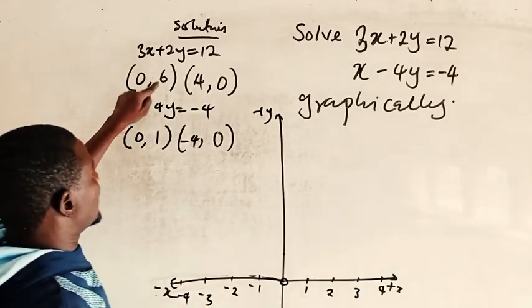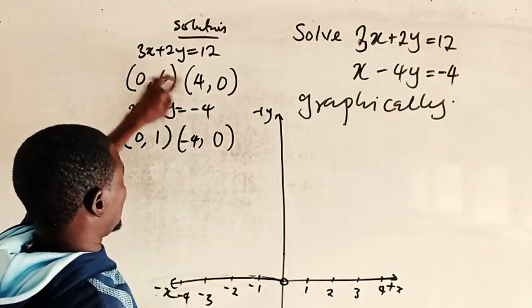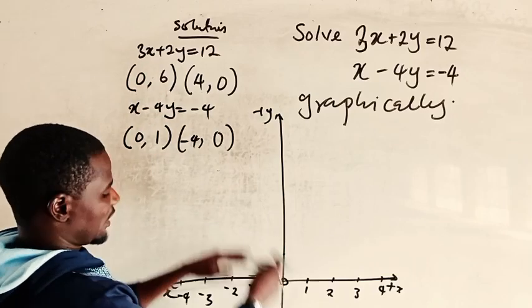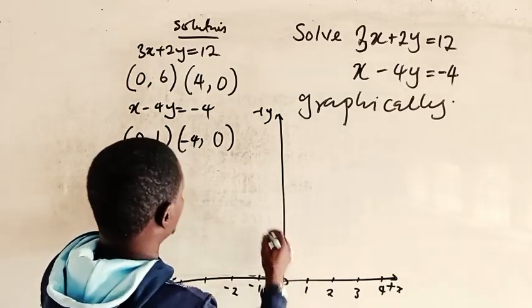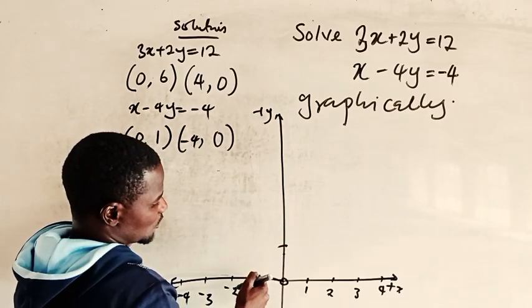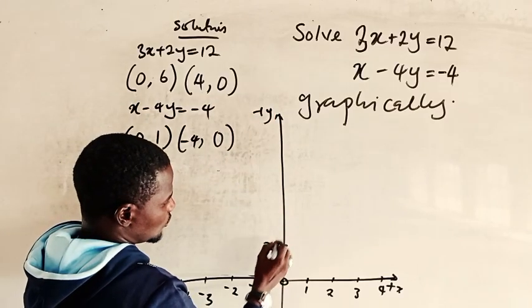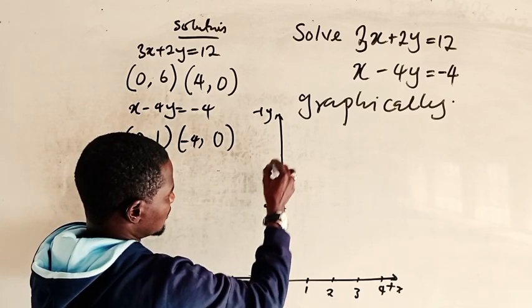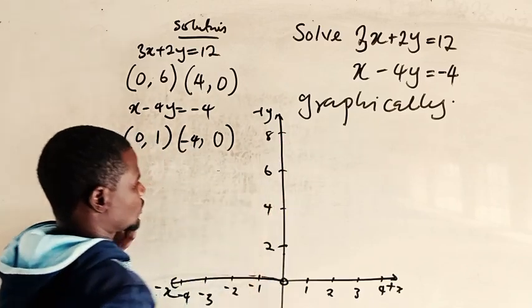Now for y, highest is 6 on the positive side, there is no negative side. Since it is 6 and we don't have enough space up, I can use 2 centimeters to represent 2 units. That is 2, this is 4, this is 6, remember this should be 8. We can stop it this way.